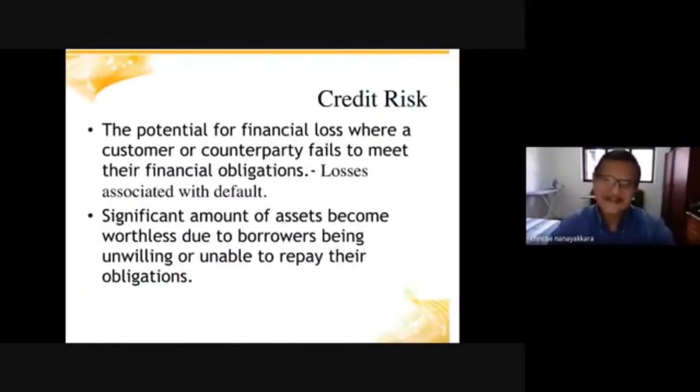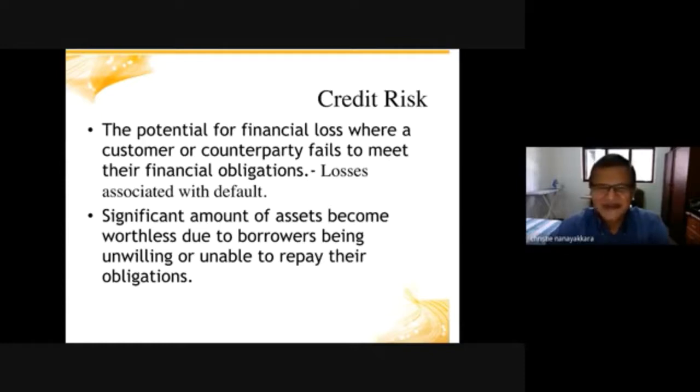So we'll go into what credit risk is. If you have to give a definition of credit risk, I will put this definition. It's a potential for financial loss where a customer or counterparty fails to meet their financial obligations. Now remember certain terms we use in risk management: the party who is dealing with us is a counterparty. That is our customer.